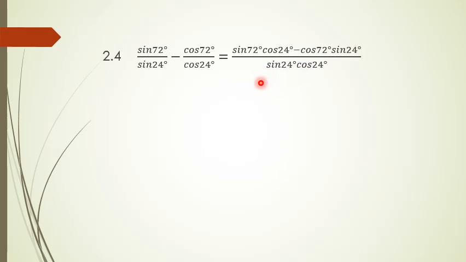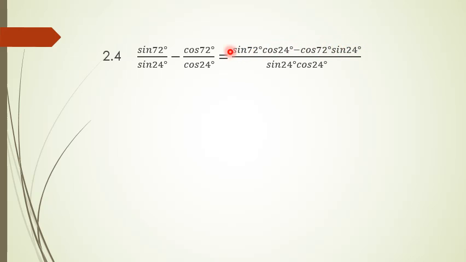We find the numerators by the short method of cross multiplication. That's cos 24 times sine 72 degrees to give us sine 72 degrees cos 24 degrees. Then sine 24 degrees multiplied by minus cos 72 degrees to give us minus cos 72 degrees sine 24 degrees.